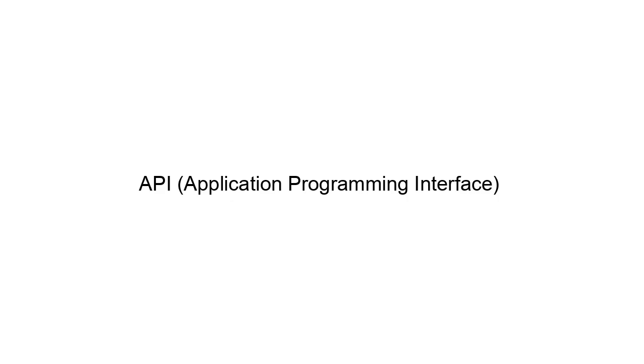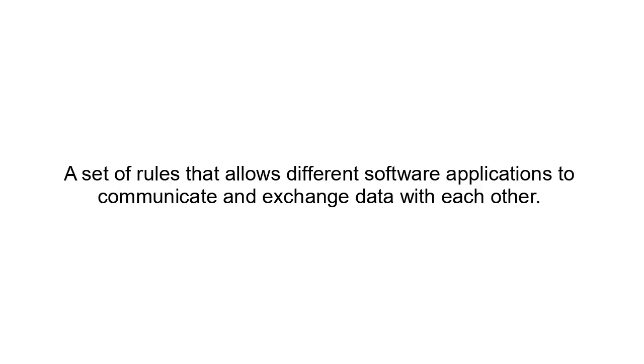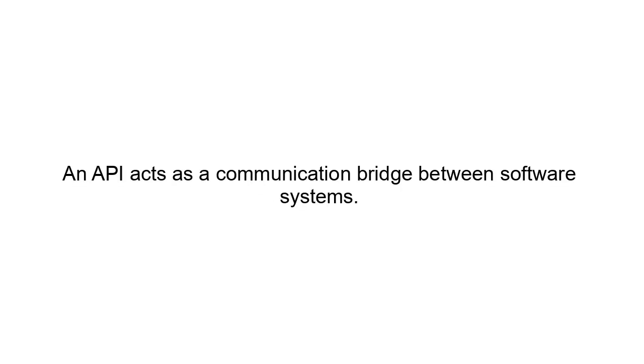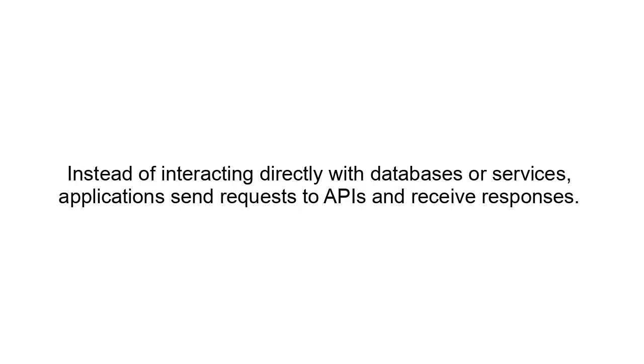Simple definition. API: Application Programming Interface. A set of rules that allows different software applications to communicate and exchange data with each other. Final summary. An API acts as a communication bridge between software systems. Instead of interacting directly with databases or services, applications send requests to APIs and receive responses.